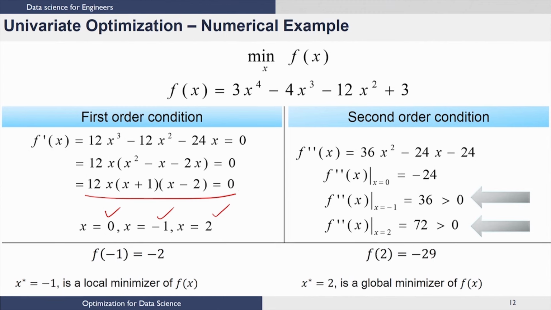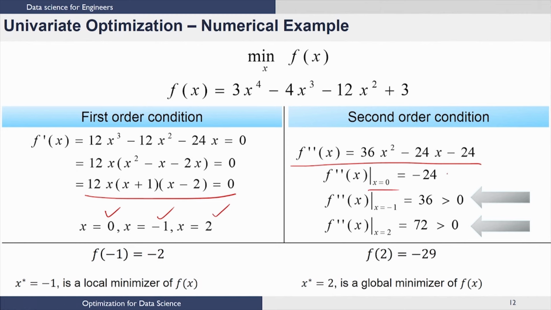Now, we want to know which one of these is a minimizer and which one is a local minimizer, global minimizer, and so on. To do that, we look at the second order conditions and then we get f double prime x, the second derivative, and then we first evaluate it at x equal to 0.